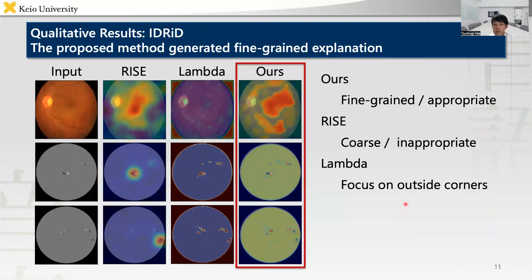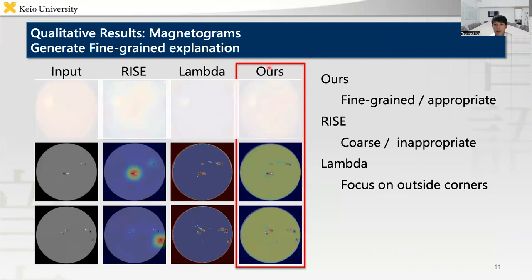Next, I will introduce qualitative results. The left column represents the input image, the center two columns and the right column represent the attention map generated by the baseline methods and LABN, respectively. Rise and lambda attention attended close and unrelated regions.